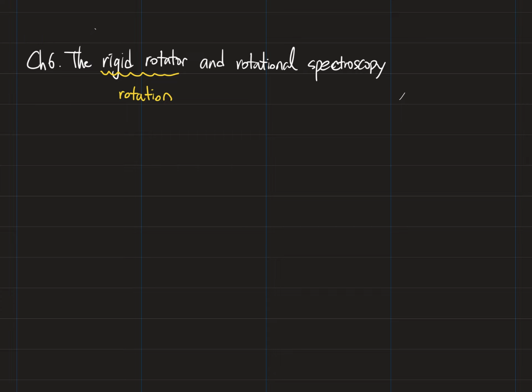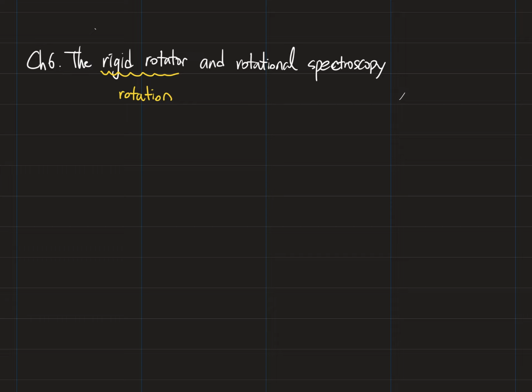As we discussed in the previous chapter, the vibration motion has the frequency falling in the infrared region. And the rotation motion, the speed of the rotation motion, falls in rotational spectroscopy, which is about the microwave region.